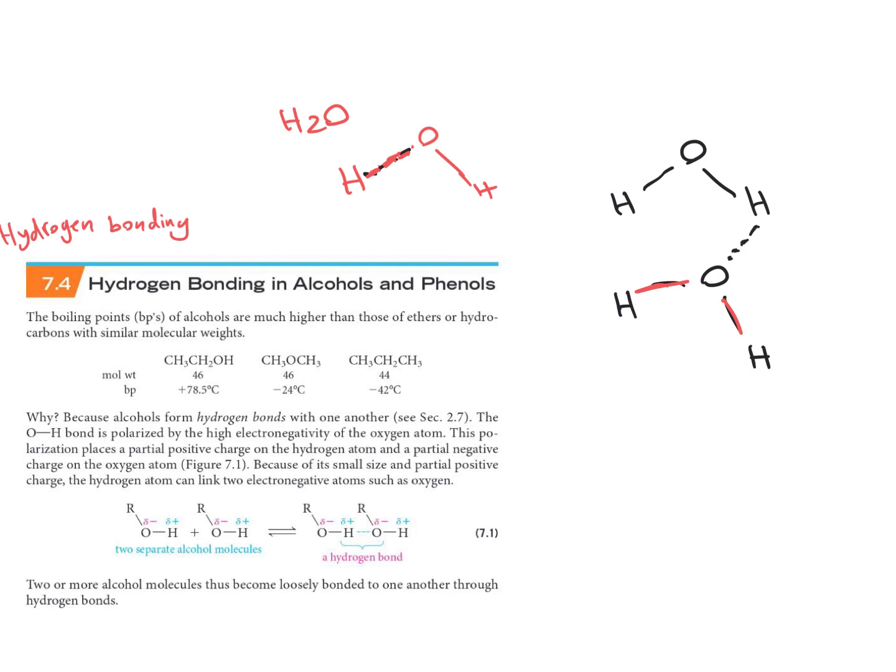Can anyone tell me what types of intermolecular bonds we had? Exactly, van der Waals, dipole, and hydrogen bonding. We said hydrogen bonding was a type of dipole, and it was the strongest intermolecular force. But what did we call these bonds, the red ones? Let me make these black again.